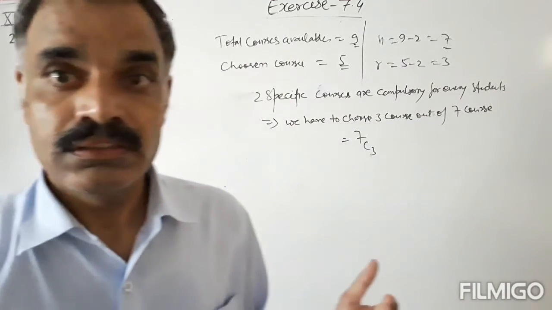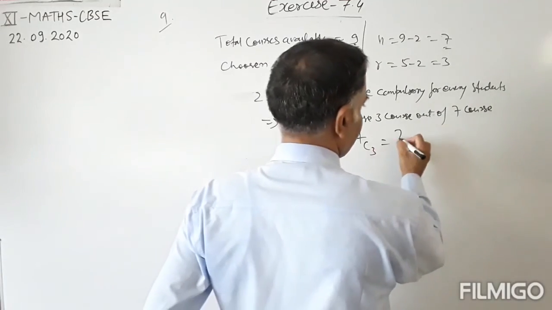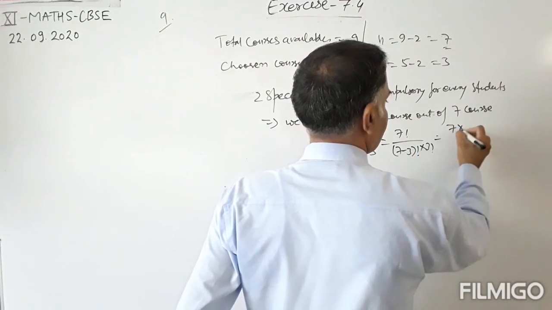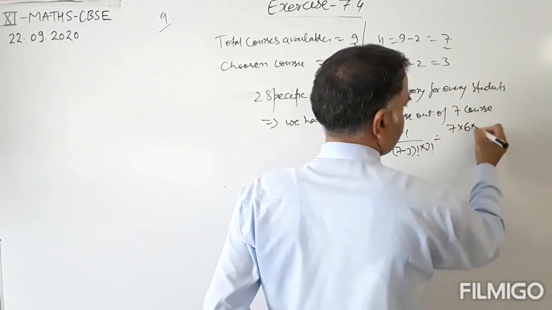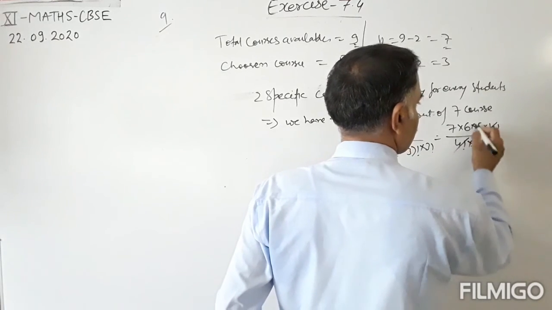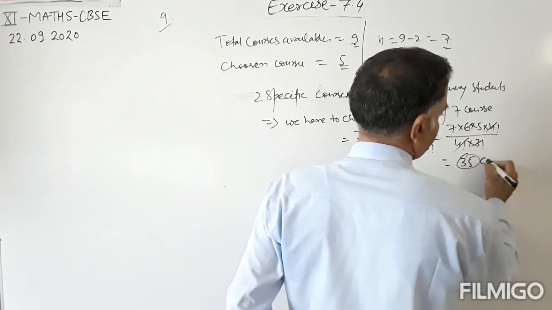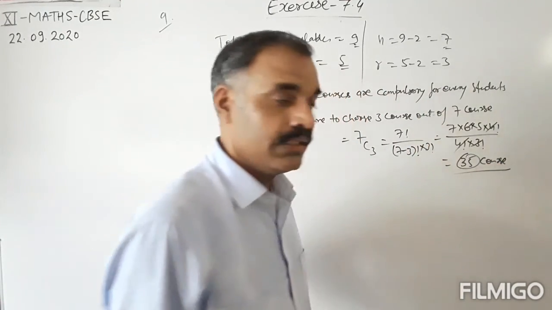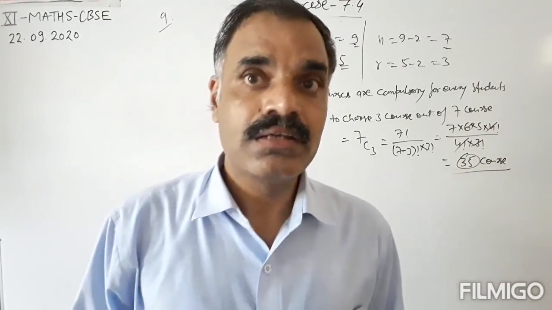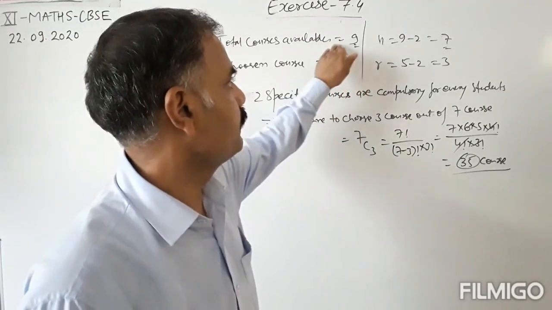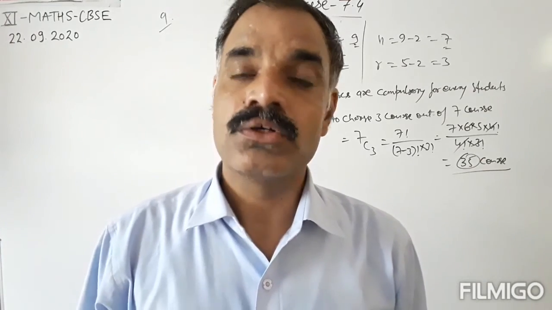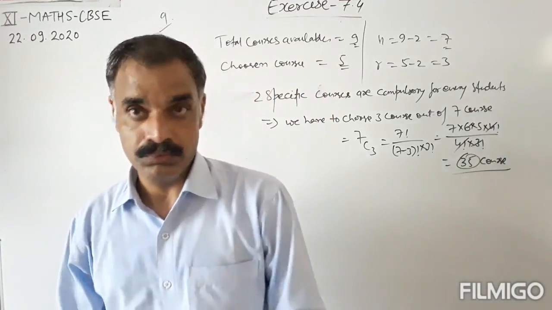Okay, now solve this and get the answer. So factorial 7 upon (7 minus 3) factorial into 3 factorial, equals to 7 into 6 into 5 into 4 factorial upon 4 factorial into 3 factorial. So 7 fives are 35 courses. Okay, so there are 35 ways in which we can select the 5 courses out of the given courses whenever 2 specific courses are compulsory.